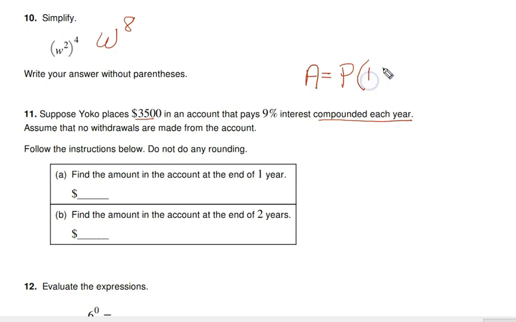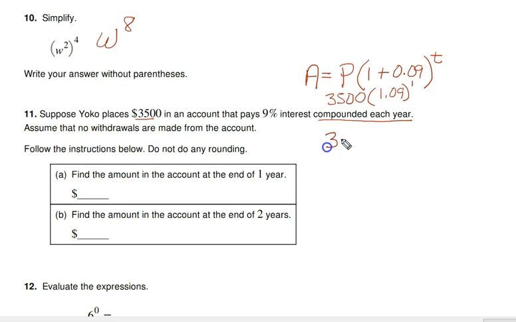And the formula is 1 plus the rate, which is in its decimal form, raised to the time. And this is in years. So if we put here 3,500, 1 plus this is going to be 1.09 raised to the 1st power. You should try this on your calculator. That would give you this answer.